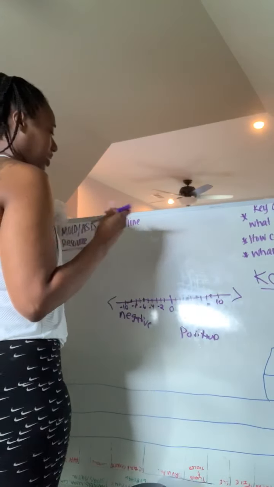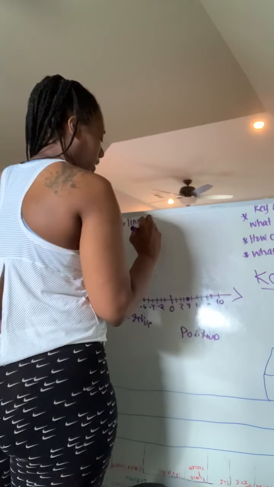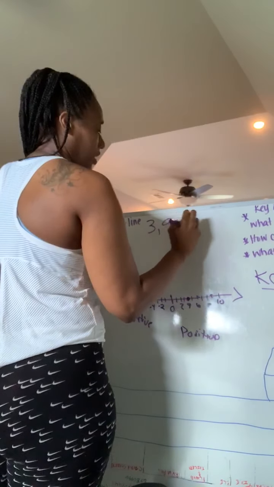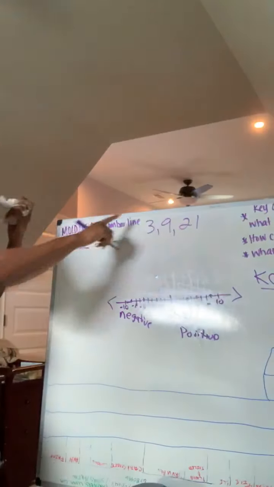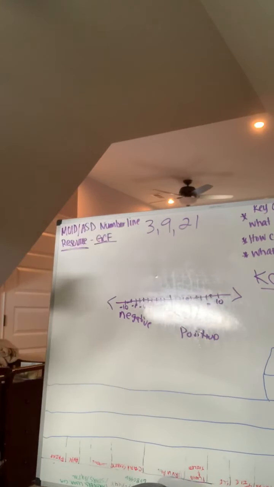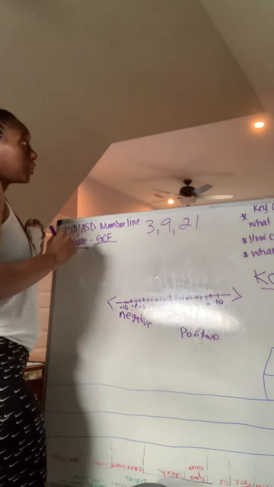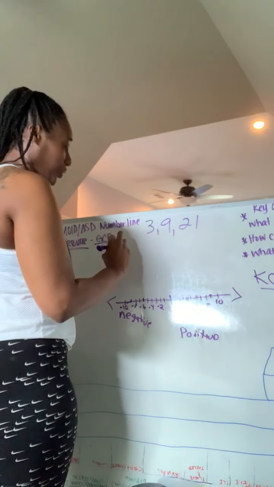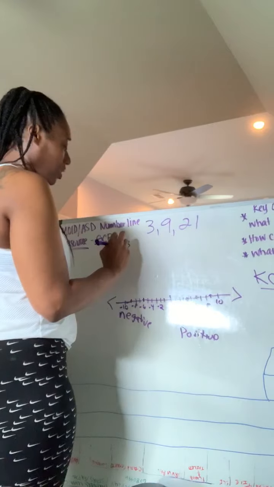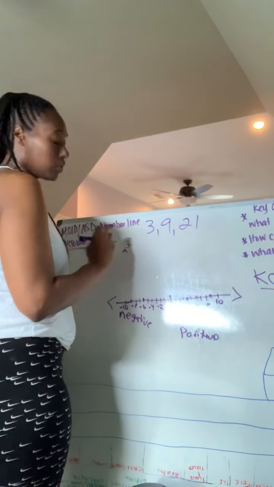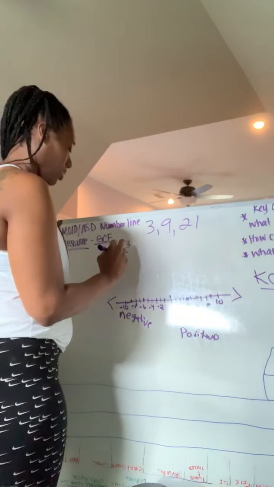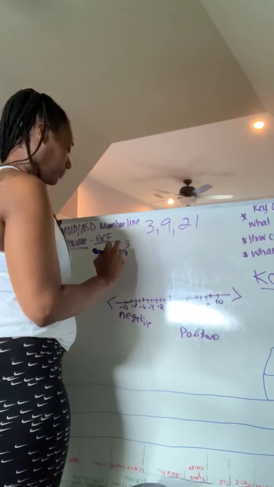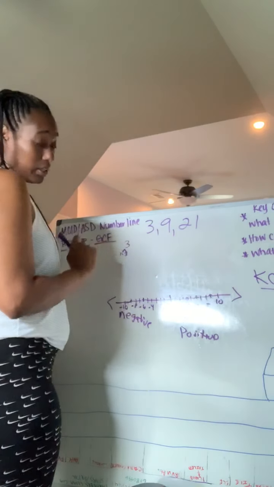What is the GCF of 3, 9, and 21? So what is the GCF of 3, 9, and 21? So how can we find that? Okay, we can do our multiplication tree. So 3, we have 1 times 3 gives us 3.